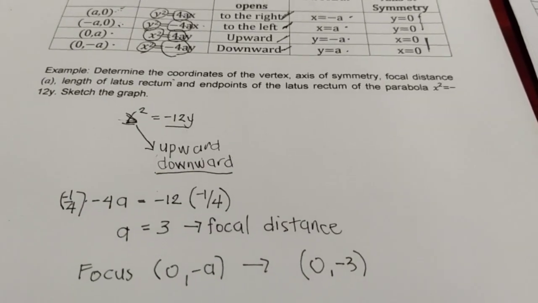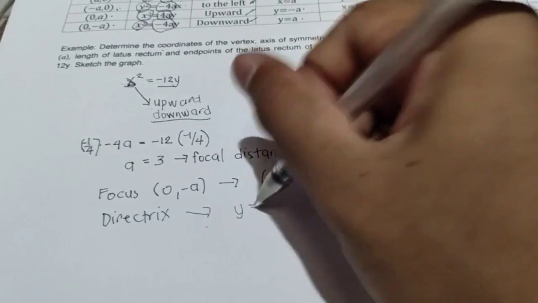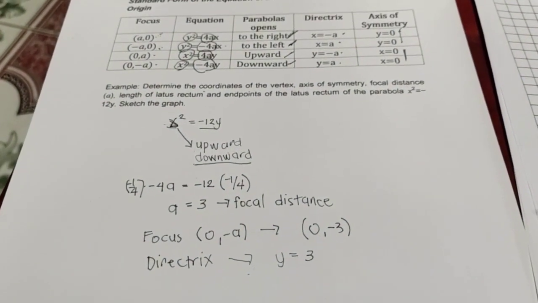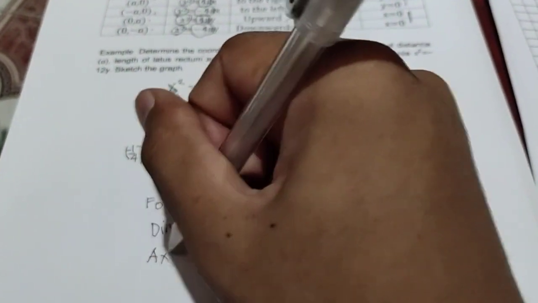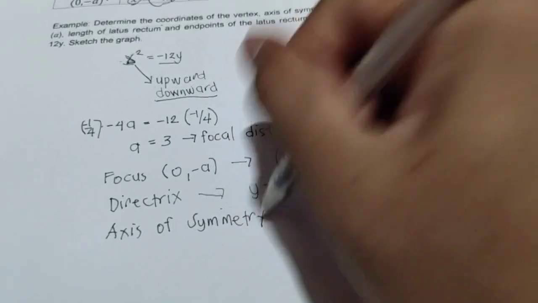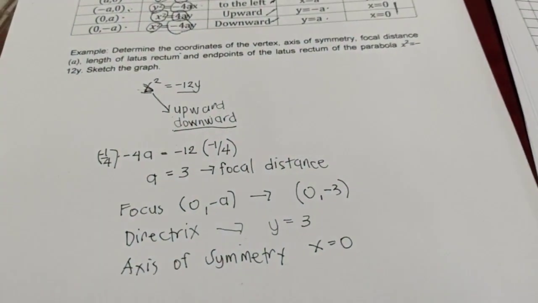So therefore, the line of directrix of the parabola is y is equal to 3. And the axis of symmetry is x is equal to 0.